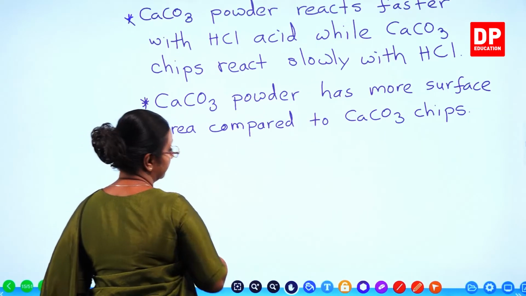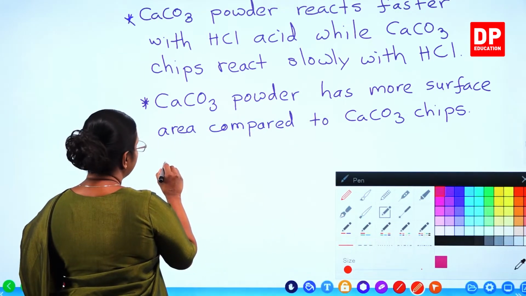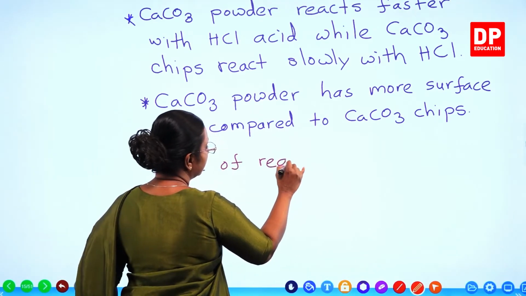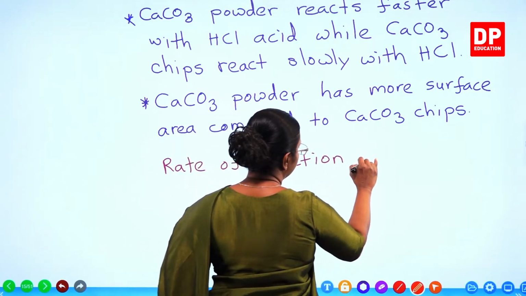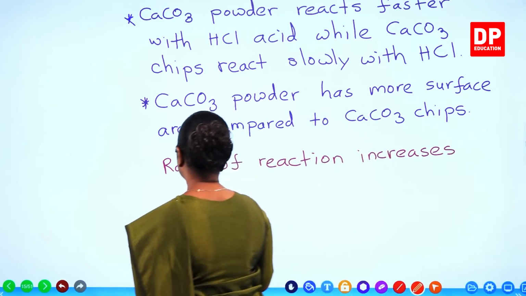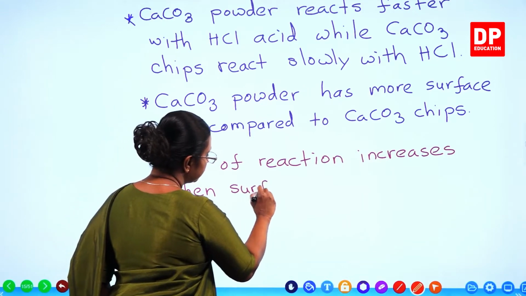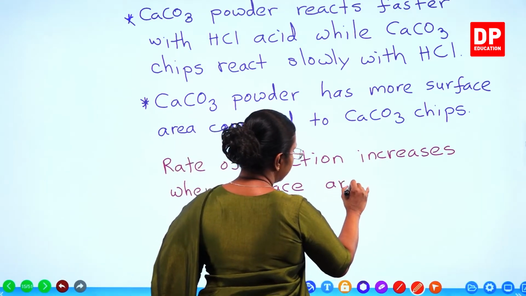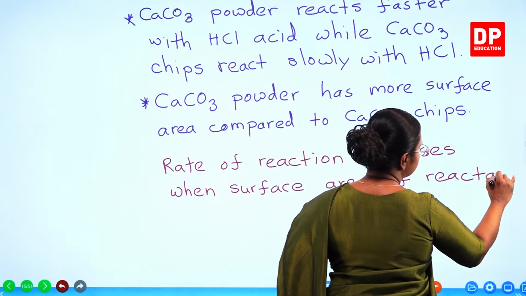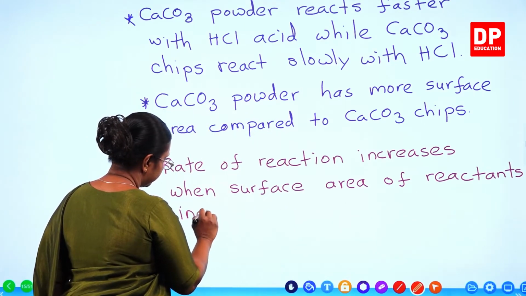So from that, we can conclude and say rate of reaction increases when surface area of reactants increases.